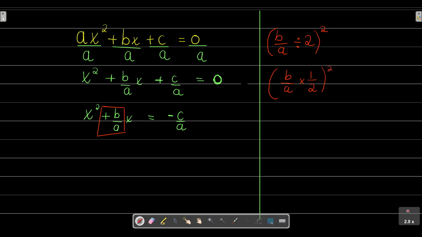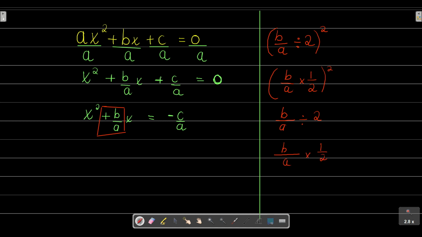If I say b over a divided by 2, that's the same as b over a multiplied by 1 over 2.